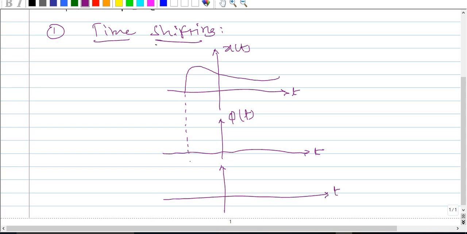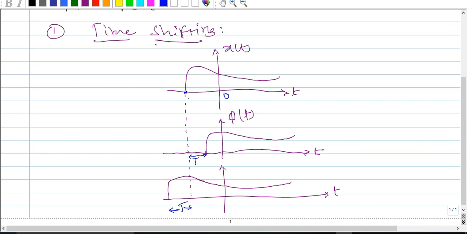Okay, so this signal phi of t is this one. And the third signal is from this time instant. This time difference is capital T, this duration is capital T, and this is also capital T.